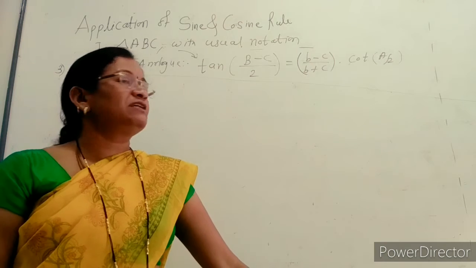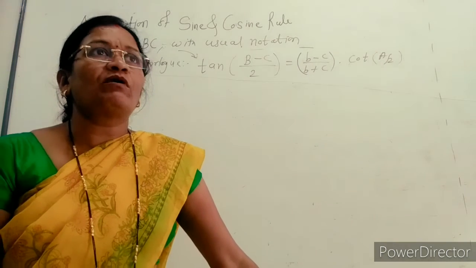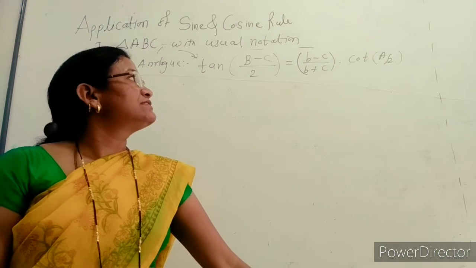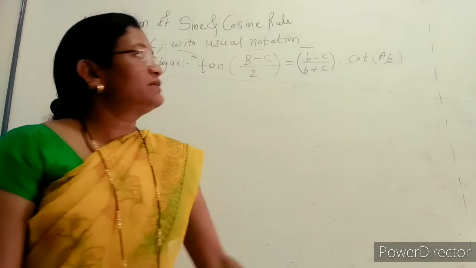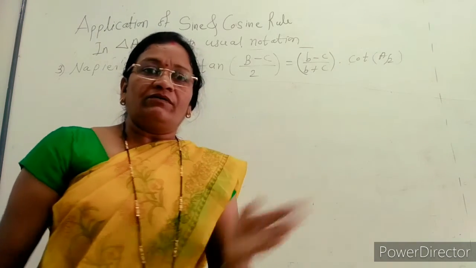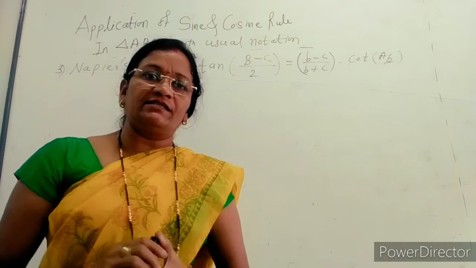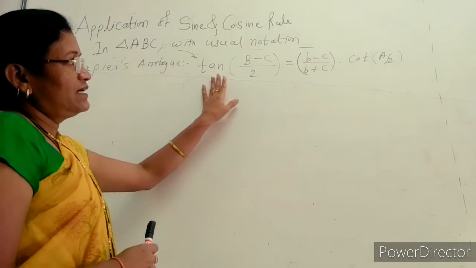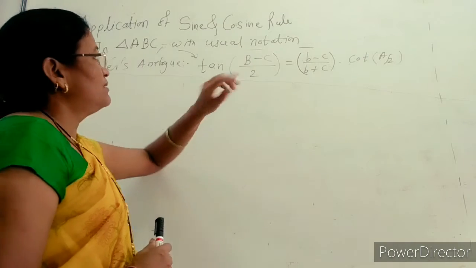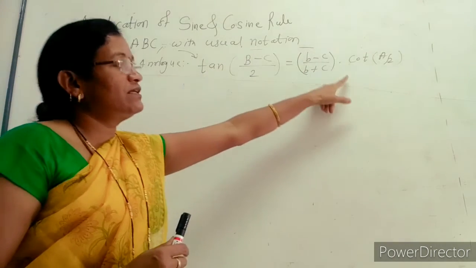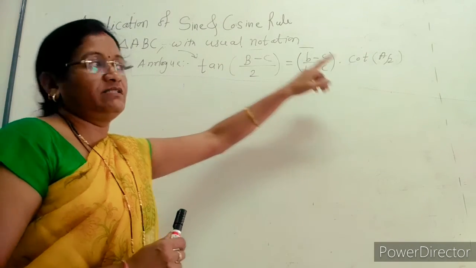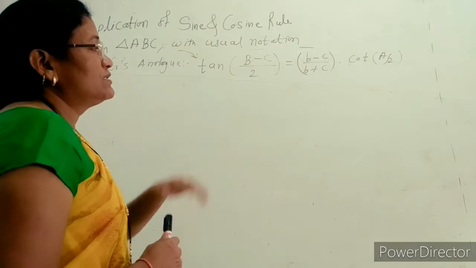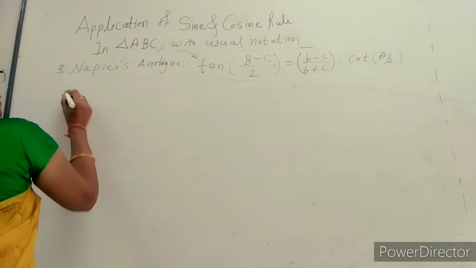That means b can be replaced by k sin B, c can be replaced by k sin C, and with the help of this, after simplification we use the factorization formula, sin C plus sin D, sin C minus sin D. Again these are results. There are some examples where instead of tan there is sin, or instead of cot there is cos, or that may be changed in the complementary pair.